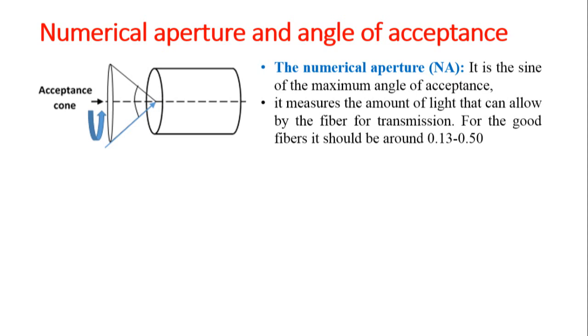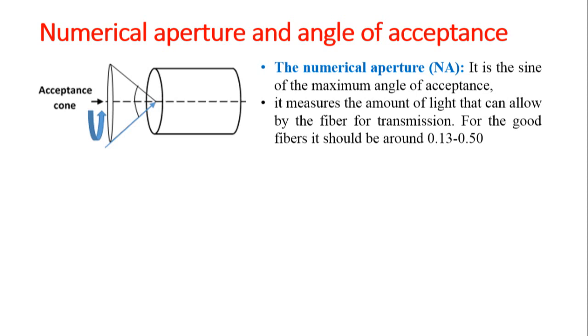For a good fiber, the numerical aperture is around 0.13 to 0.5 only. This will be the permitted value for the numerical aperture. If it is more than that, that kind of fiber will not be used for fiber communication.